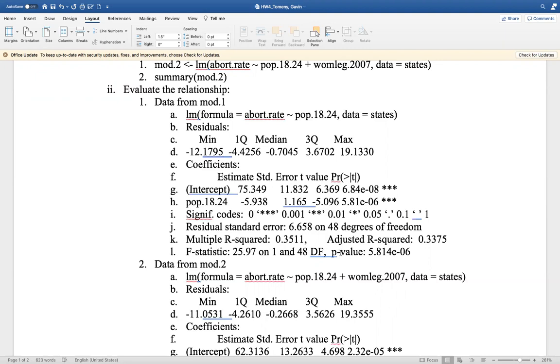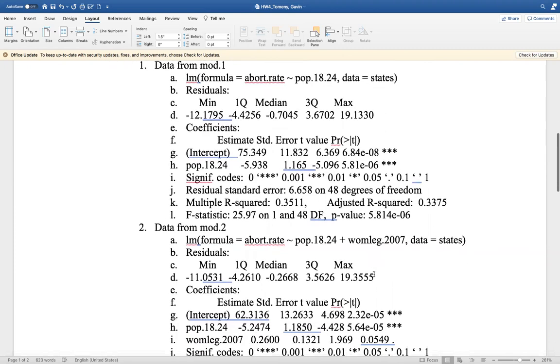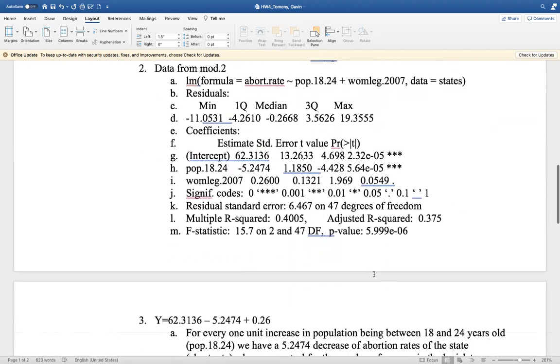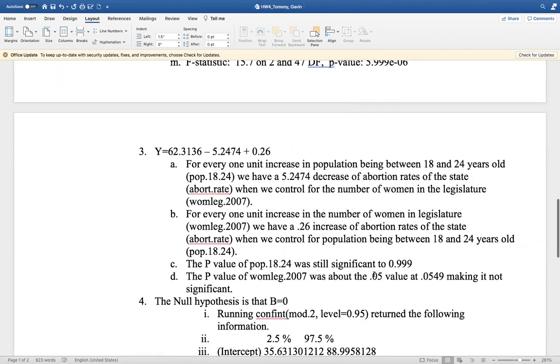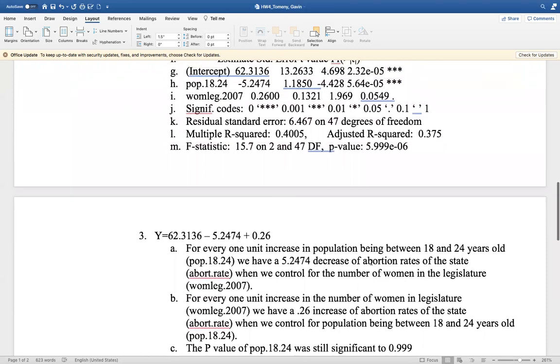So I just want to make sure everyone understands. This is basically still seeing how the population is affecting the abort rate, but controlling for Women Ledge. And so you're just controlling for one variable. So one of the ways to look at this is to put this into an equation.